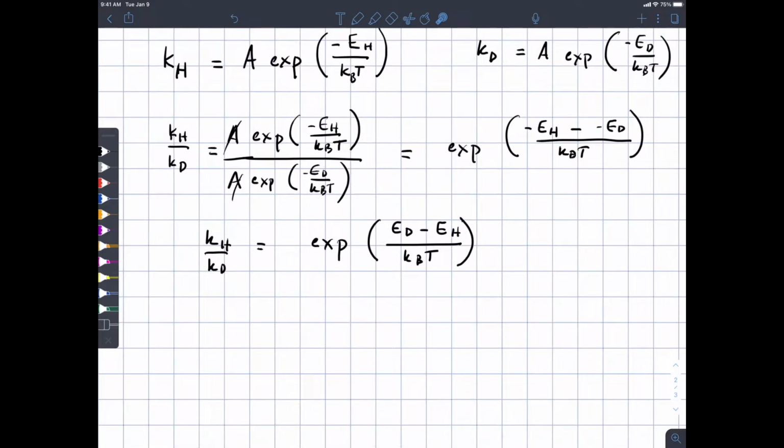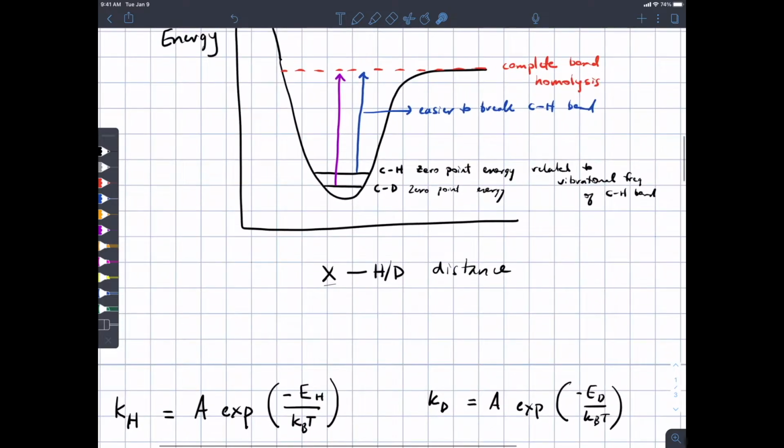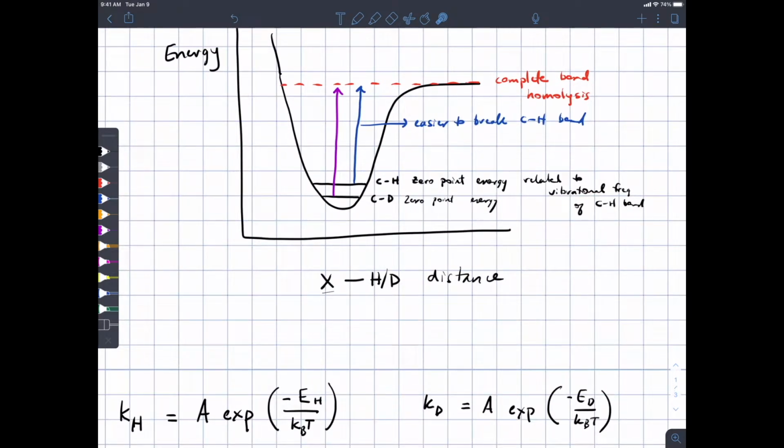All right, so we want to talk about how and why those activation energies are different. This is related to the idea that, and this is overly simplistic, we're imagining a reaction where we go from a bond being completely formed to a bond being completely broken.